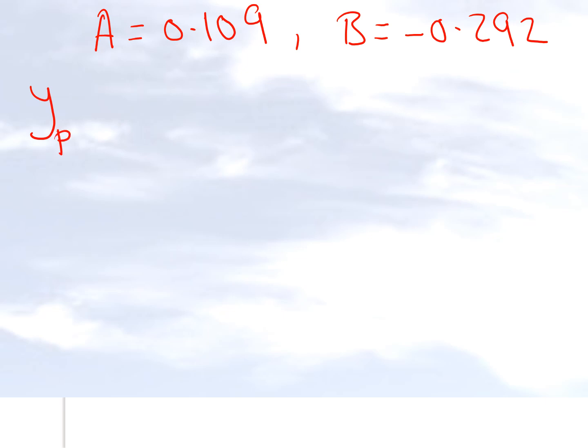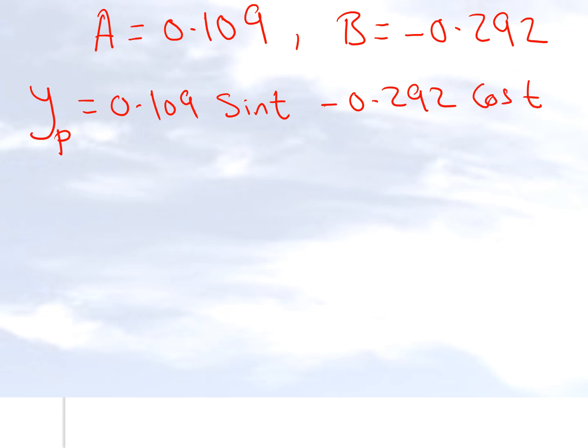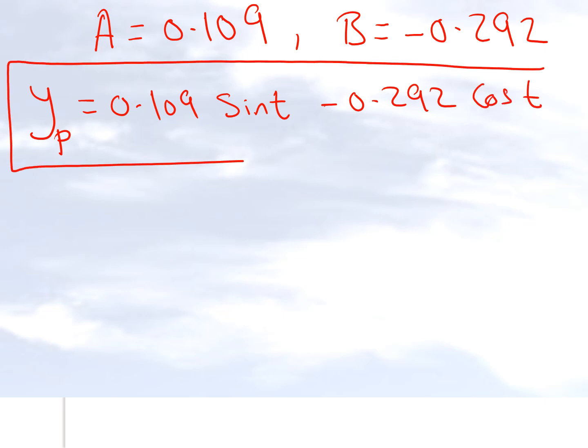Yp equals 0.109 sine t minus 0.292 cosine t. So now we have an expression for the homogeneous part, we have an expression for the particular part, you combine them together for the exact solution.